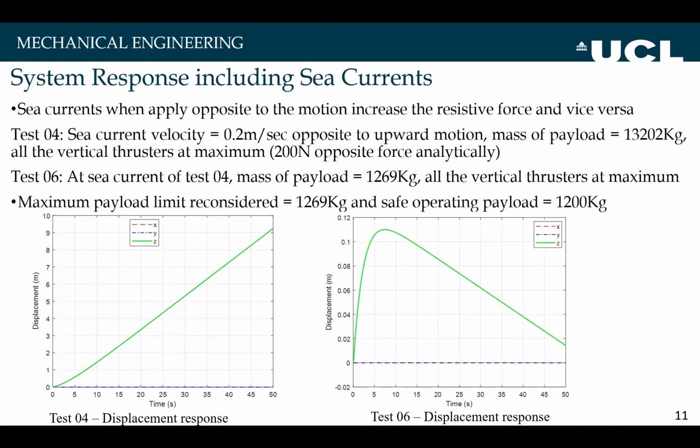Then some tests were performed including the sea currents. As can be seen in test 4, when the sea current velocity was applied at 0.2 meter per second opposite to the upward motion, and keeping the maximum payload mass of 13202 kilogram, and applying all the vertical thrusters at their maximum, the vertical position is not kept due to the sea current effect, obviously.